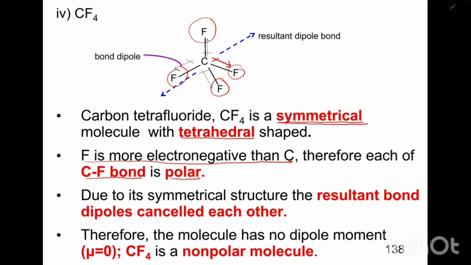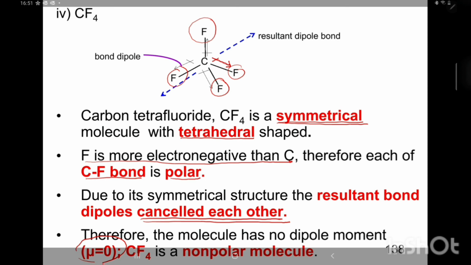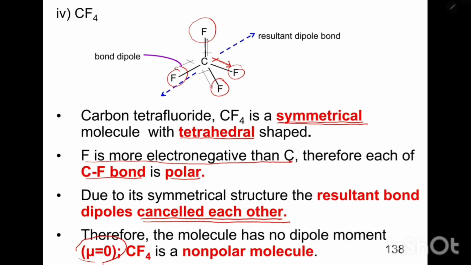Due to its symmetrical structure, the resultant bond dipoles cancel each other. Therefore, mu or dipole moment is equal to 0, and CF4 is a non-polar molecule.